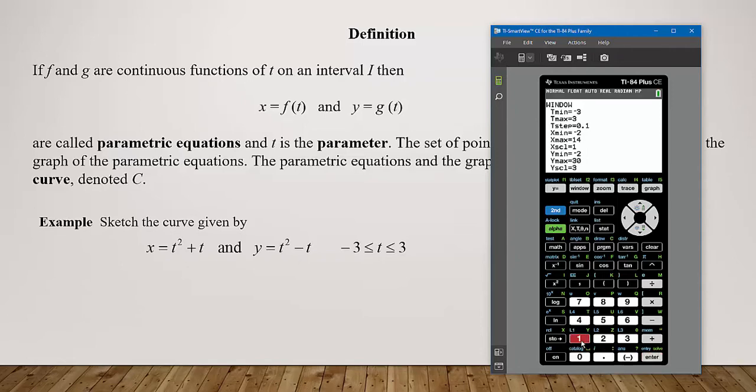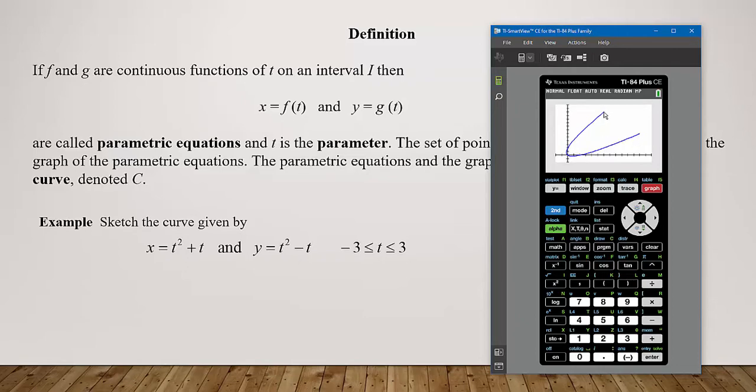I'm going to go a little larger than that. So folks, I'm going to scale my y-axis by 1s. This is just my good first guess at what the x and y's should be. So let me look at the graph and see how it's traced out. So it looks like that was the orientation.